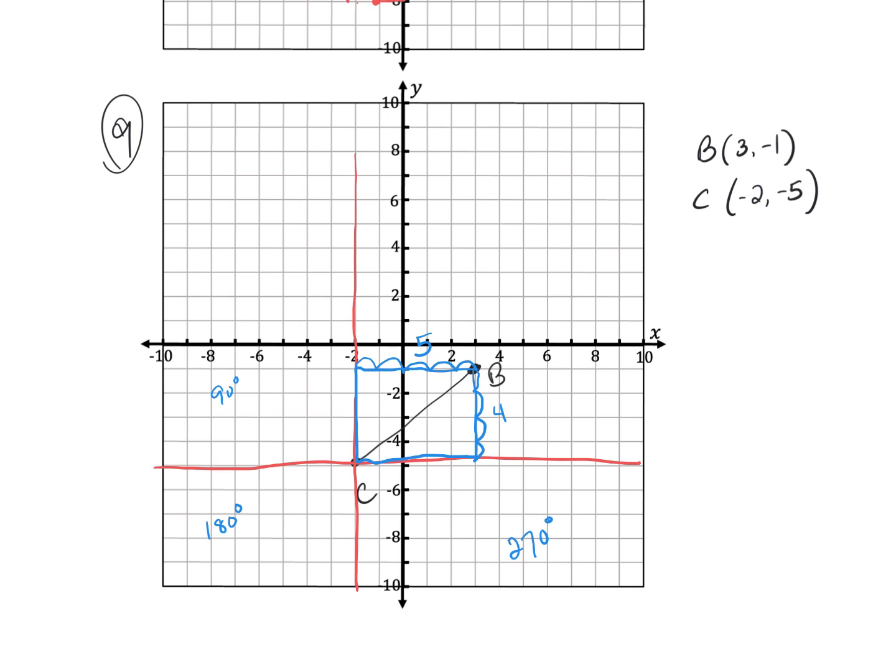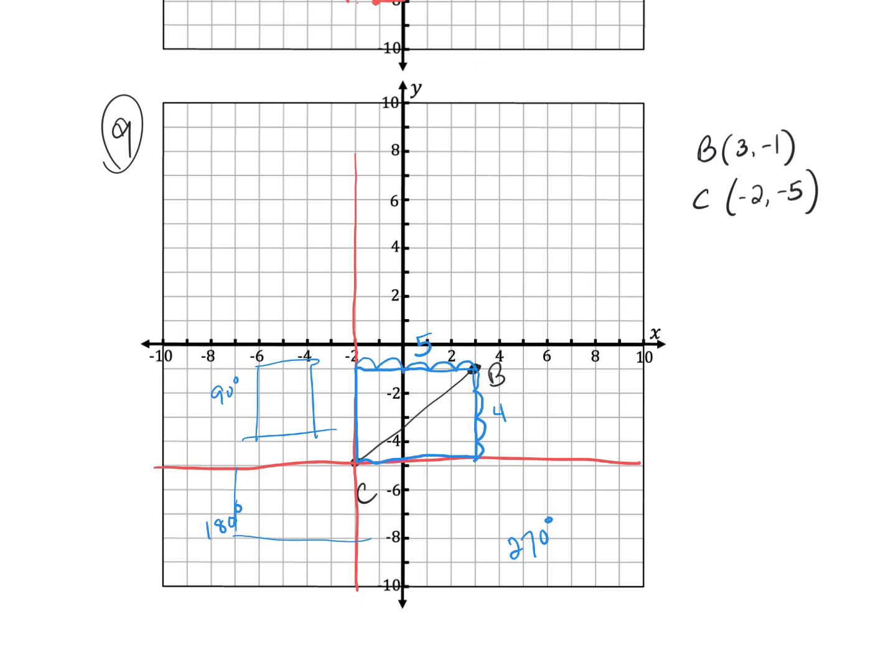Every quadrant is 90 degrees. So rotating 90, my rectangle would have a height of 5 and a width of 4. Down here, it would mirror my original rectangle here with a width of 5 and a height of 4.